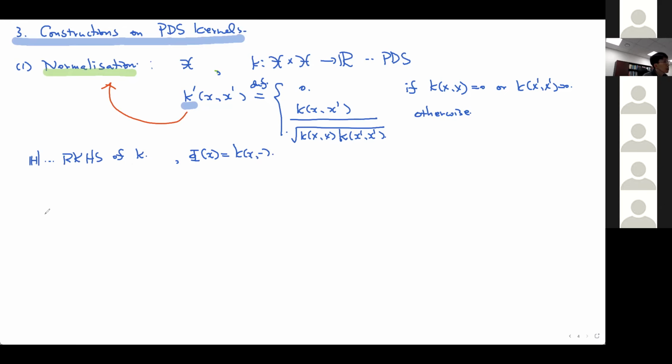If we have this map, then we can show that K prime of x and x prime is defined like this. This condition is really saying: map x to the RKHS, and then measure its size. The size is defined by the square root of its own inner product, the usual thing.